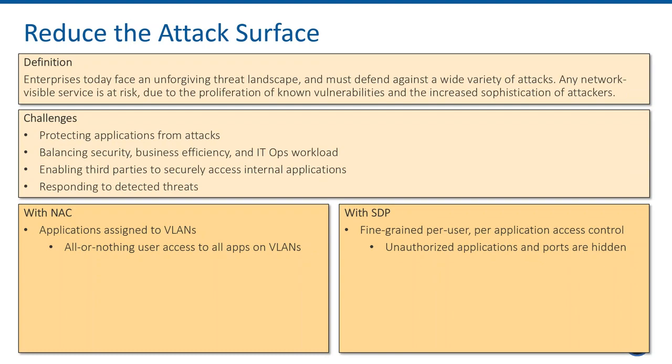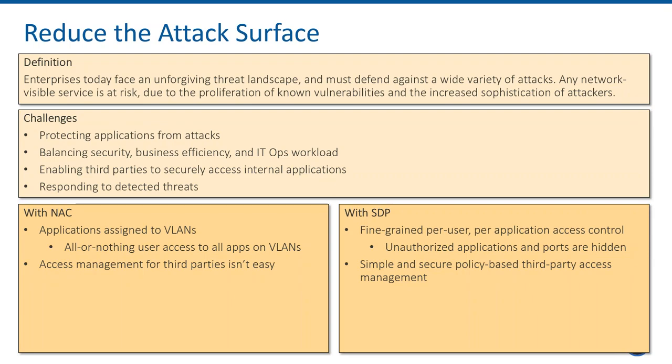Whereas with SDP, because it's a full software overlay, it works with effectively any network topology and gives you very fine-grained access control. So if Joe Smith gets compromised with a NAC, this attacker can get access to, at a network level, all the resources on the VLANs, whereas with a software-defined perimeter, all they see are the 5 or 10 applications and those ports that Joe has legitimate access to. So you've reduced the attack surface area very, very considerably.